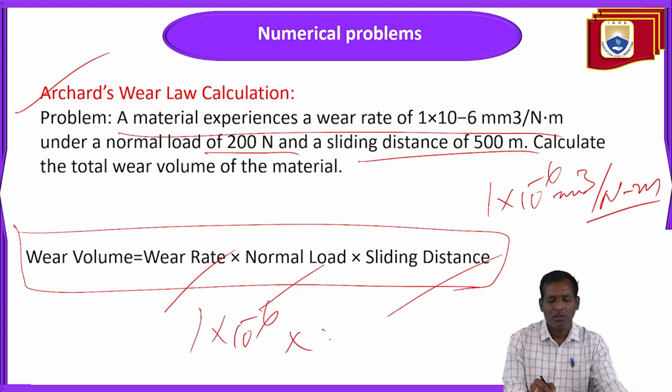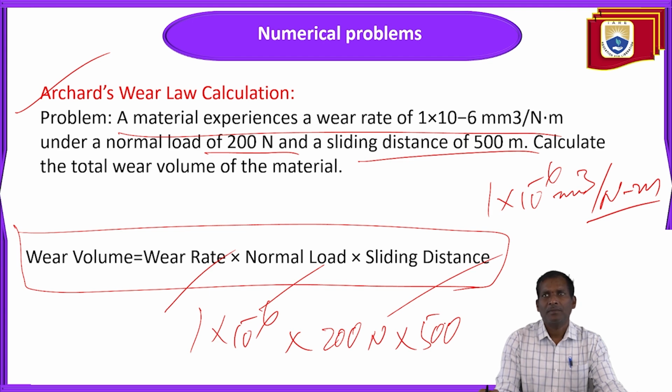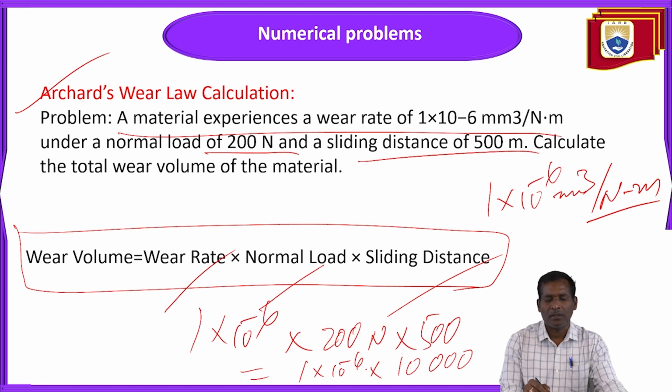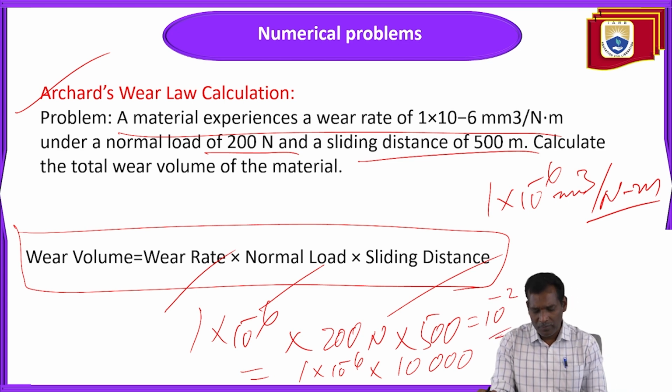Normal load is 200 newtons, and sliding distance is 500 meters. So now you will get 1 into 10 to the power minus 6 multiplied with 200 and 500. Finally you will get 10 to the power minus 2. This is the wear volume.